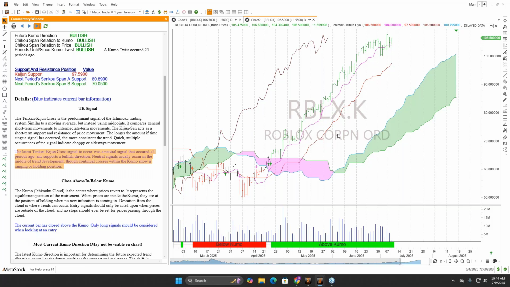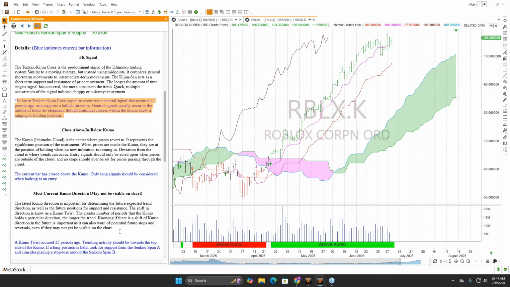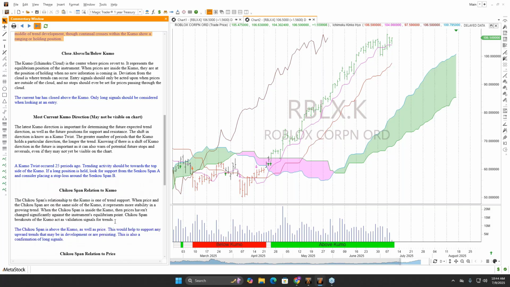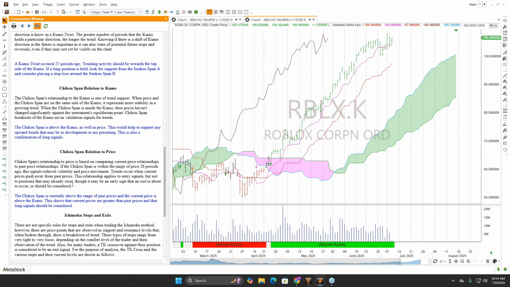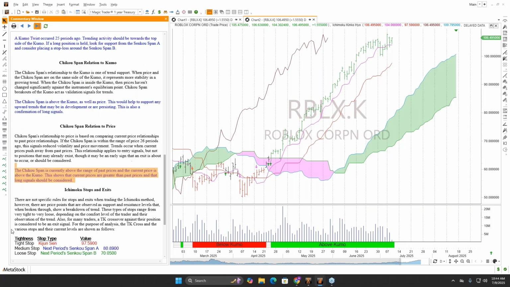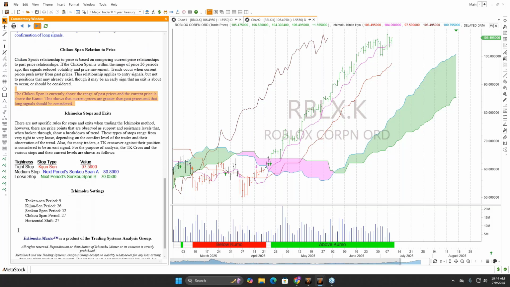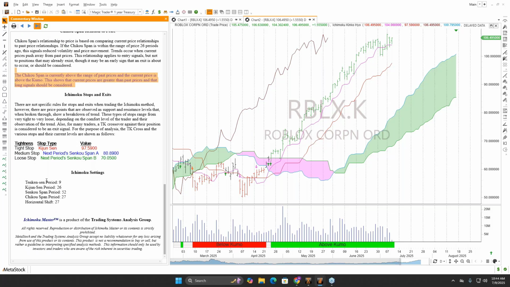So it breaks down what you're looking for it to do, and it does that with all of the different criteria. I'll stop reading through it, but you get the point. It tells you exactly what's going on, what it means, and helps you analyze this as you get used to it, okay?